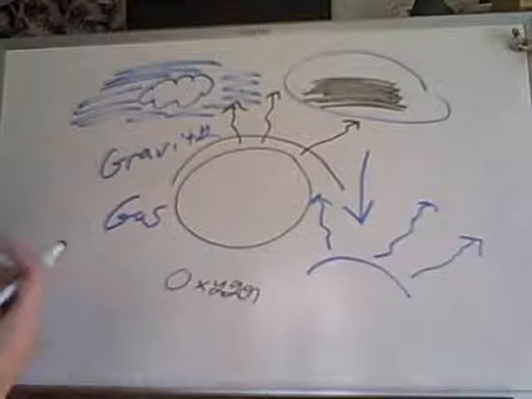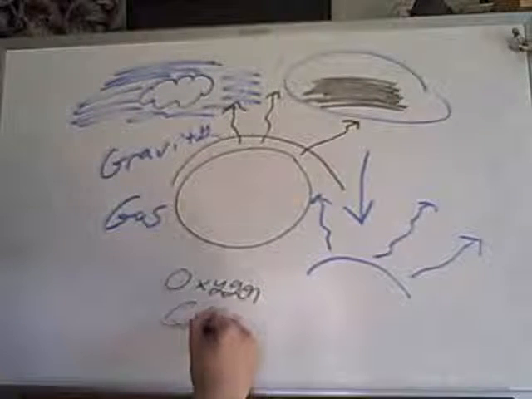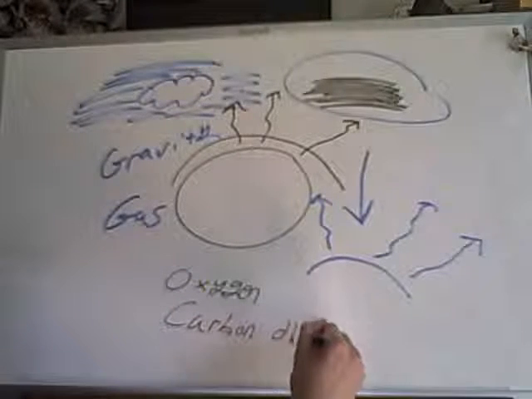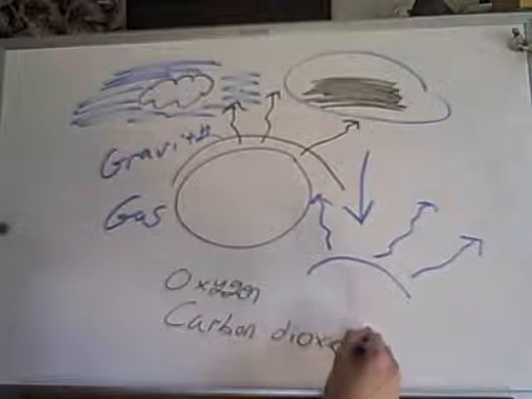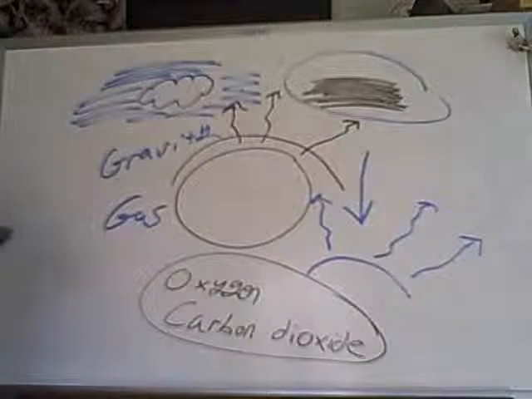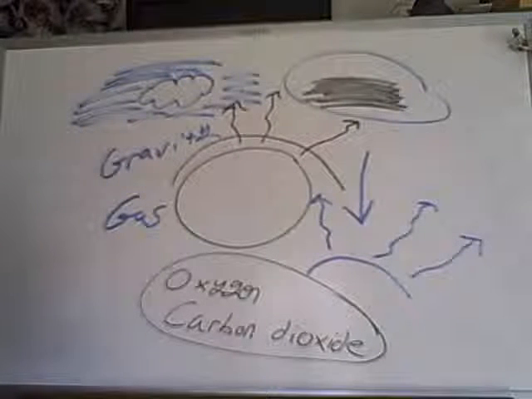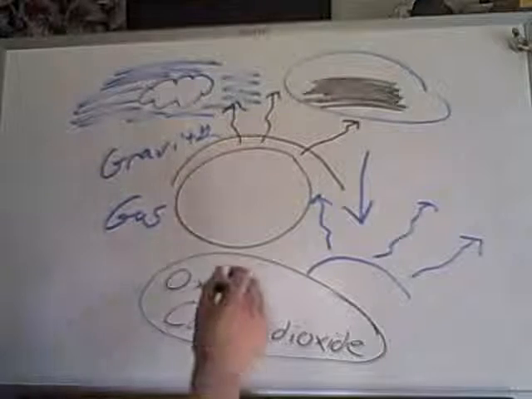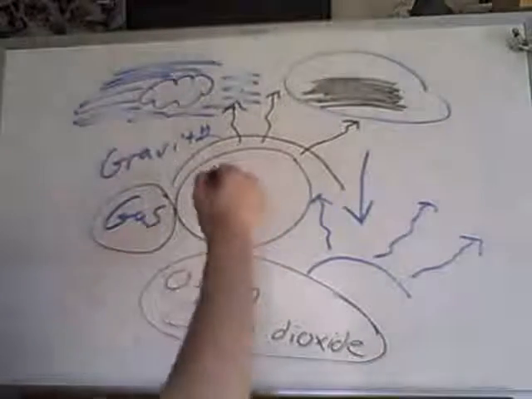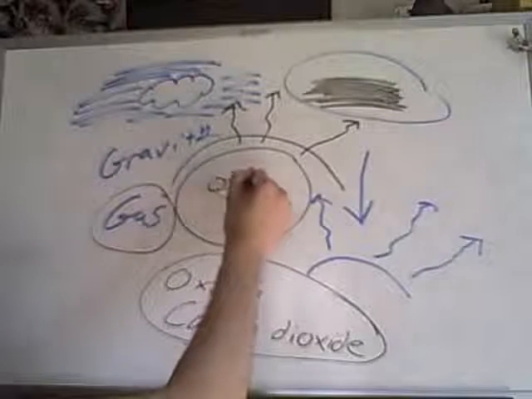But when we breathe out, that is carbon dioxide. Now these words are not very important to know for right now. They are just to show that the moon has different gases than the Earth. On the moon, there's a lot of ozone.